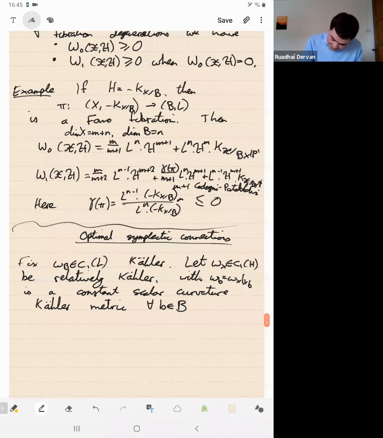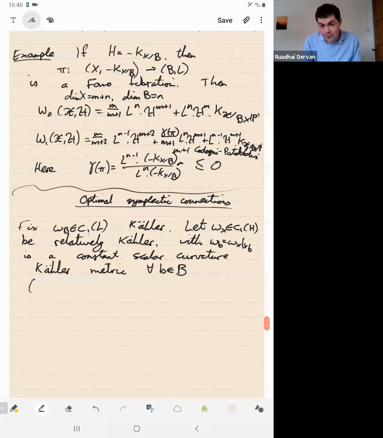Recall the constant scalar curvature condition: a Kähler metric induces a Riemannian metric, and this just requires that the usual scalar curvature in Riemannian geometry is constant. In Kähler geometry, you get all of these nice formulae: the scalar curvature S of omega is the contraction of the Ricci curvature on an n-dimensional manifold.